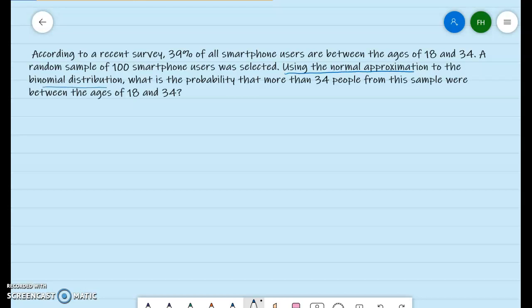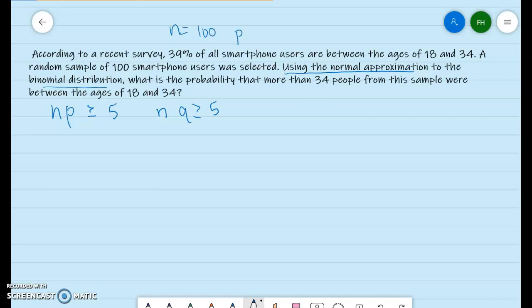But if your sample size is large, a lot of times you can check it to see if you can use the normal distribution instead. So let me just show you how to do that, even though they're telling us that we can use it. We know that N is 100.